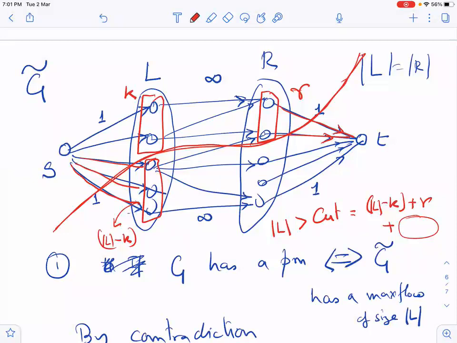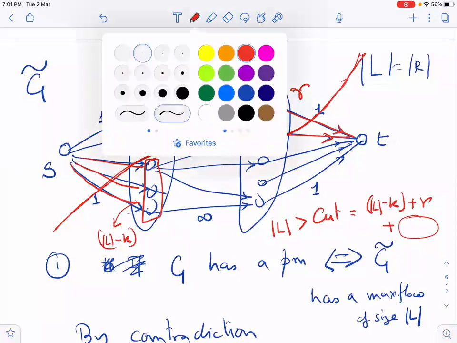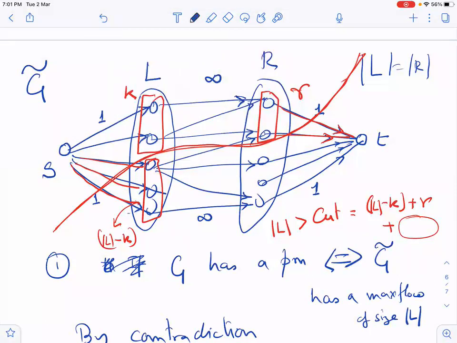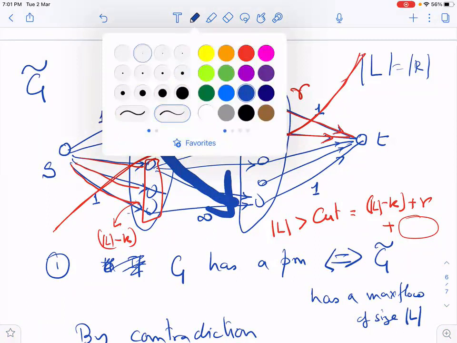Okay, so let's say that it cuts an edge here. Let's make a bold one here. So let's say it cuts an edge like this. This is a very bad drawing, but whatever. Then what will be the size of the cut?